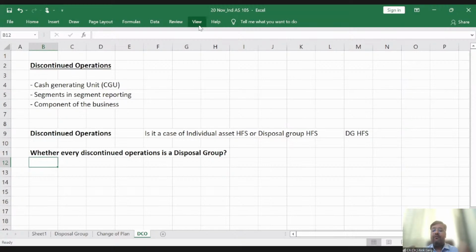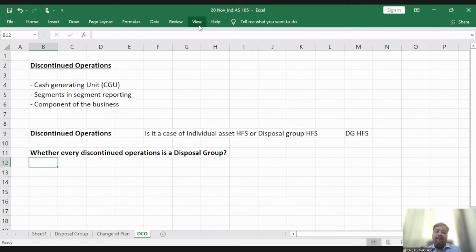What is more revenue generating for me? I'm looking at the financial and operational performance separately, and I can do that also, because the student who will come for FR will pay me for FR. The student who will come for auditing will pay me for auditing, right? So whether every discontinued operation is a disposal group.